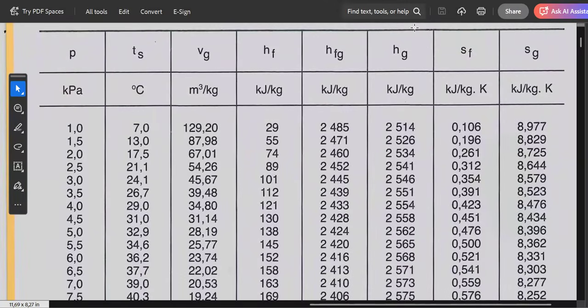When you are given the temperature of the steam, which is our TS, steam is saturated.